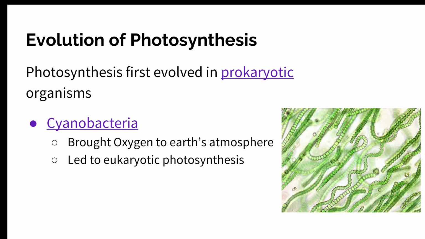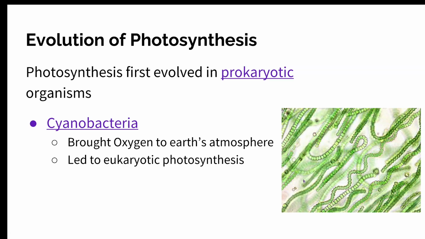Now, for the evolution of photosynthesis, photosynthesis has been around for millions and millions of years. It first evolved in prokaryotic organisms. We learned about the endosymbiotic theory back in Unit 2 and how chloroplasts are thought to be an old prokaryotic organism that was basically taken in by a eukaryotic cell and now lives in a symbiotic relationship within the eukaryotic cells.